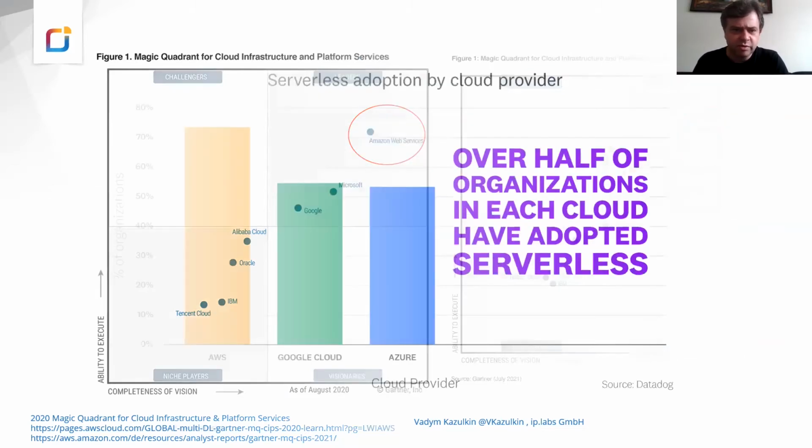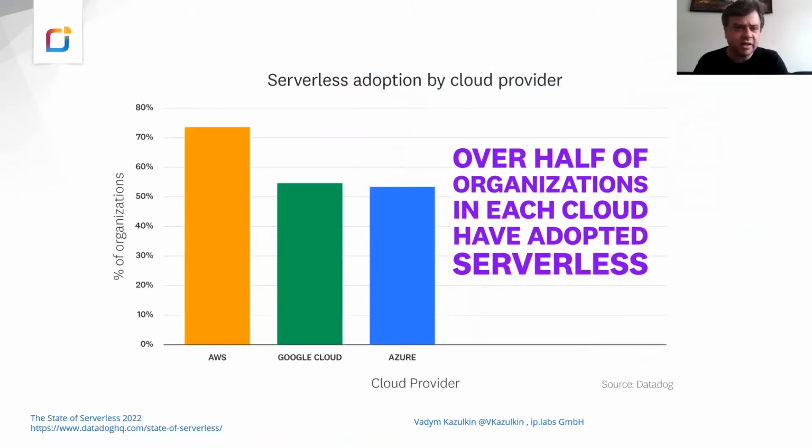If we look at organizations that adopt serverless, many adopt it in one way or another, depending on the meaning of serverless, because everyone uses S3, the bucket storage, and it's also serverless. Depending on the context, you see that serverless adoption in AWS is even better than with other cloud providers, which also means the services are mature.